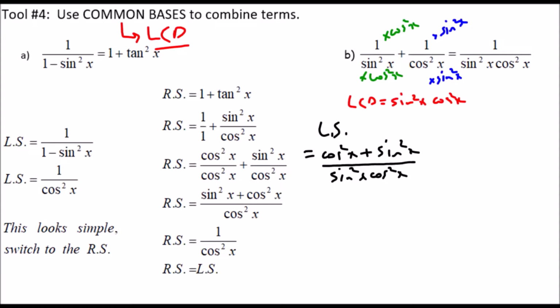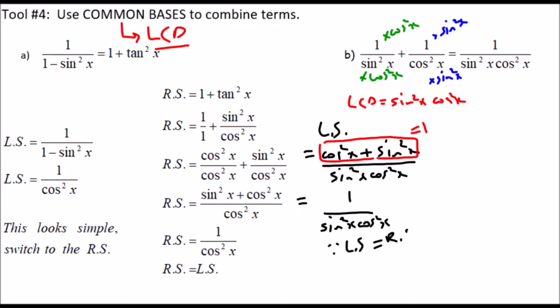And I've got that beautiful identity again. This whole thing is just equal to 1. So I'm really going to be left with 1 over sine squared x cos squared x. And I'm done. Because left side is equal to right side, therefore quod erat demonstrandum, and we are done.